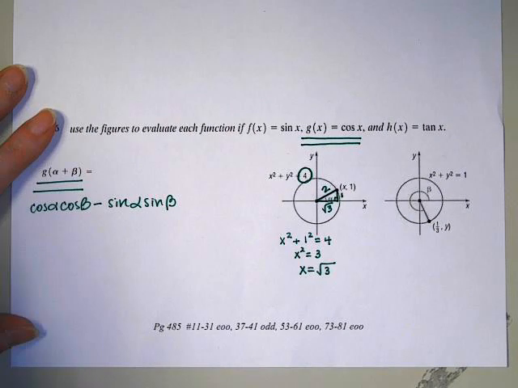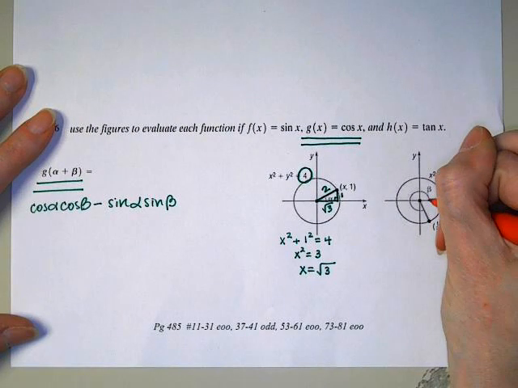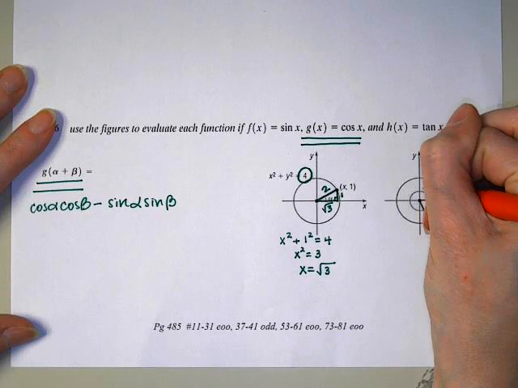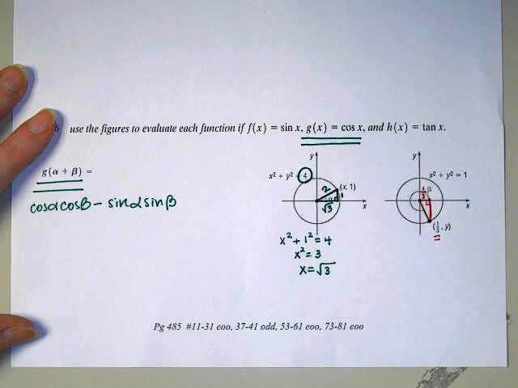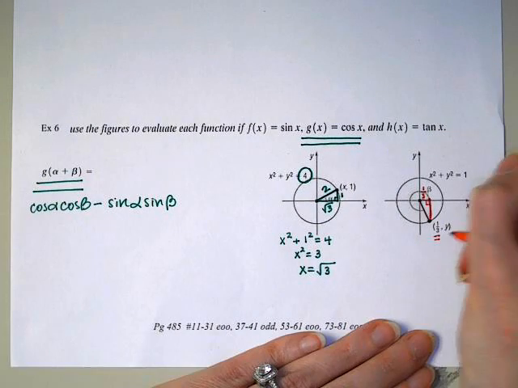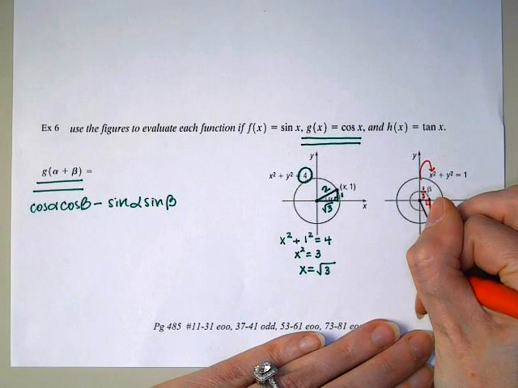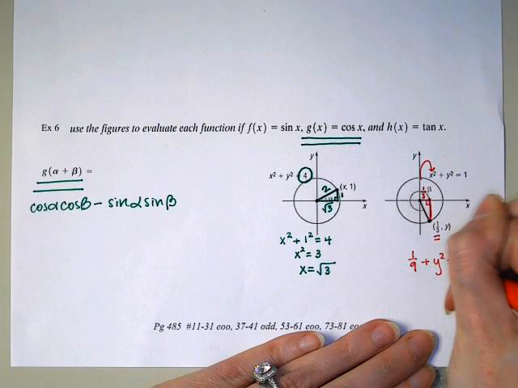Now let's do the same thing for this guy. If we draw our triangle connected to the x-axis here, now this time we know that x is 1/3, but we don't know y. So let's plug 1/3 in for x, and that'll be 1/9 plus y squared equals 1.